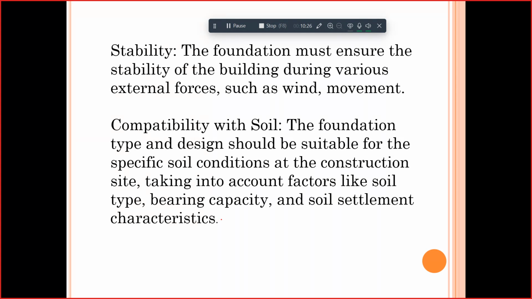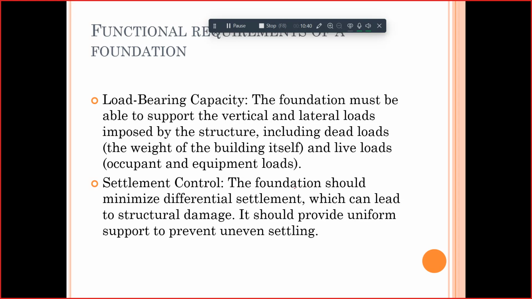Okay, thank you. Before I end my lesson, I may ask you, what have you learned today about our lesson? Maybe one of you can tell us what you have learned from the lesson today. Festus, what have you learned from our lesson today? I've learned different functional requirements of a foundation.